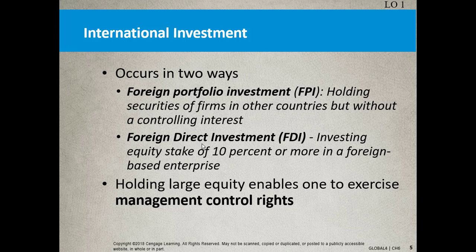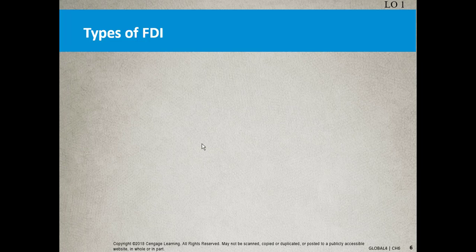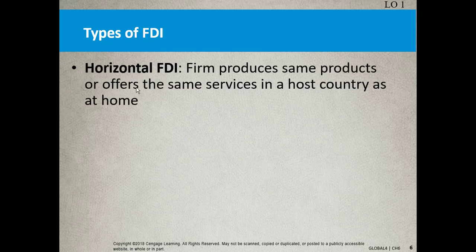So let's look now at types of foreign direct investment. First, you got the horizontal, in which a firm produces the same product or offers the same service in a host country as at home. Remember, the home country is your home, and the host is wherever you are outside of your home. The example that your author uses is BMW, Bavarian Motor Works in Munich, the capital of Bavaria, southern Germany.